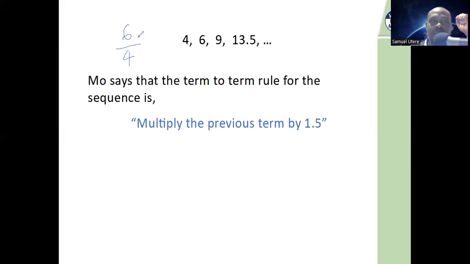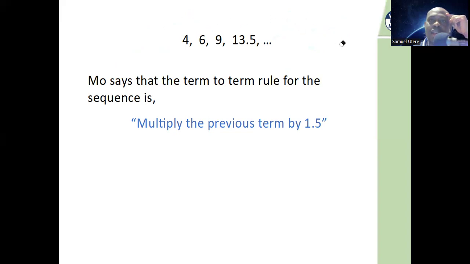If you divide 6 by 4, you have 1 remainder 2 over 4, which will be 1.5. If you divide 9 by 6, you get the same thing: 1 remainder 3 over 6. This is the same thing as 1.5 because 3 over 6 is a half. So Mo has described it one way. That's one way of describing the sequence.